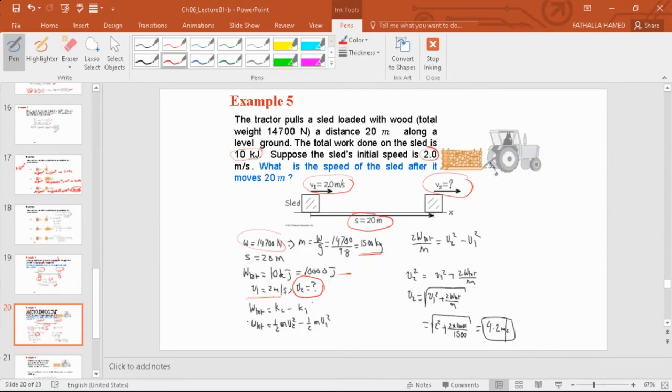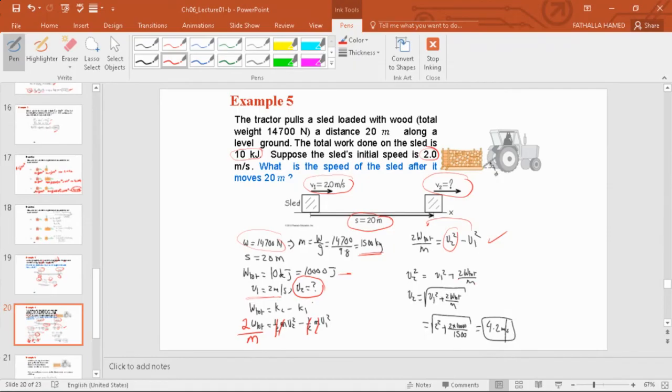I can multiply this by 2, that will cancel the half. I can divide this by m, and that will cancel the m, and that's why I have twice the total work divided by the mass equal to v2 squared minus v1 squared. I'm interested in v2, so you can take this to the other side. So v2 squared will equal v1 squared plus twice the total work divided by the mass.